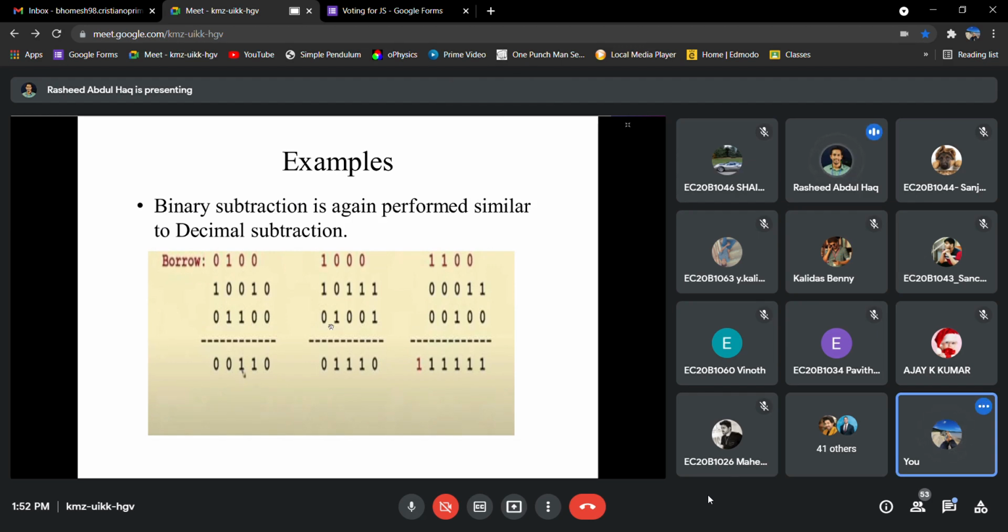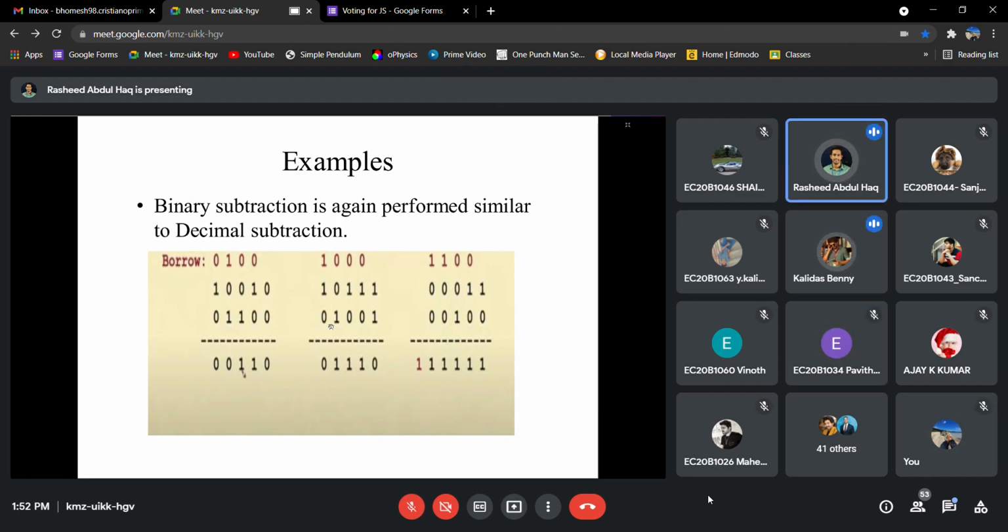One second, I will explain once more. I am doing it myself in parallel and will explain. Okay, 0 minus 0, we'll get 0. 1 minus 0, we will get 1. 0 minus 1, we will get 1 with a borrow 1. Are you getting that? Yes, sir.